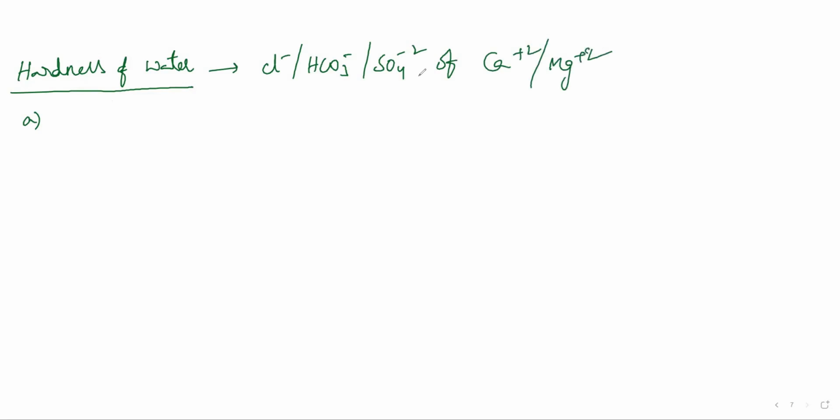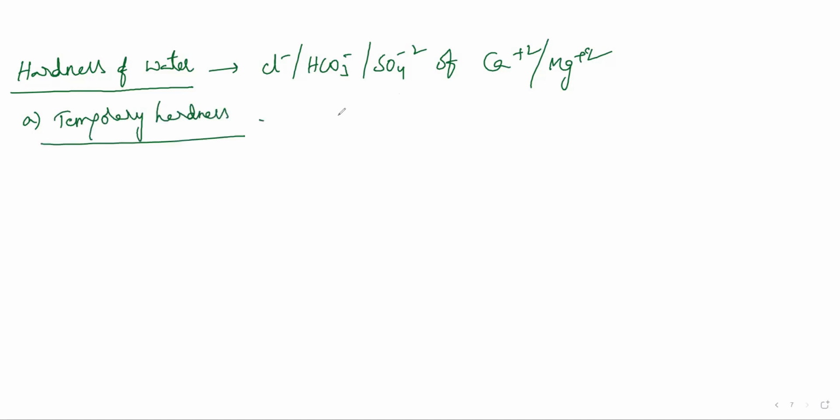So salts of calcium and magnesium. Which salts? Maybe chlorides, bicarbonates, or sulfates. So they will cause hardness of water. In the types of hardness of water, first one, temporary hardness.